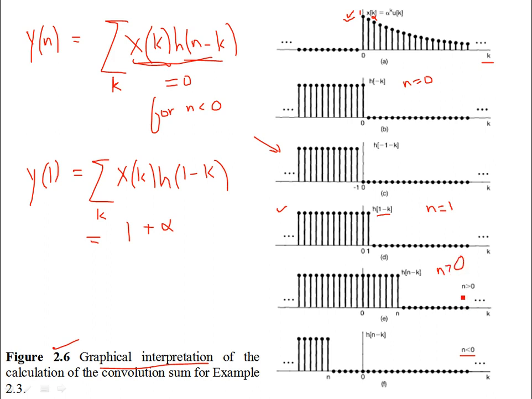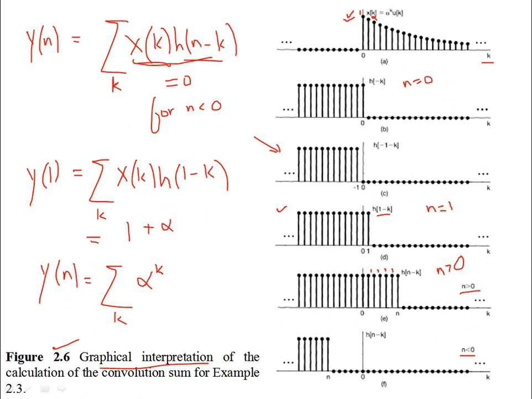Similarly, if you have to do this for some quantity n greater than 0, it could be 2, 3, or whatever it is, then with h[n-k] and x[k], y[n] will be equal to the summation over k. Now you see your h[n-k] is 1, so all the samples are 1. x[k] is given by alpha^k, so I can replace this by alpha^k.